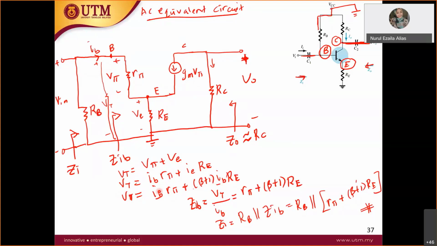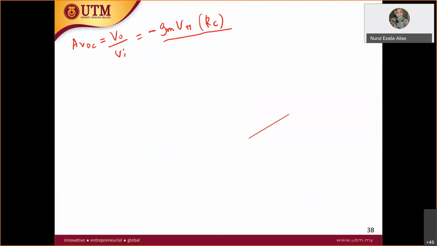So this is the V in. Let's write again here: V in is equal to V total, which is equal to IB R pi plus beta plus 1 IB RE. That's how you get it.